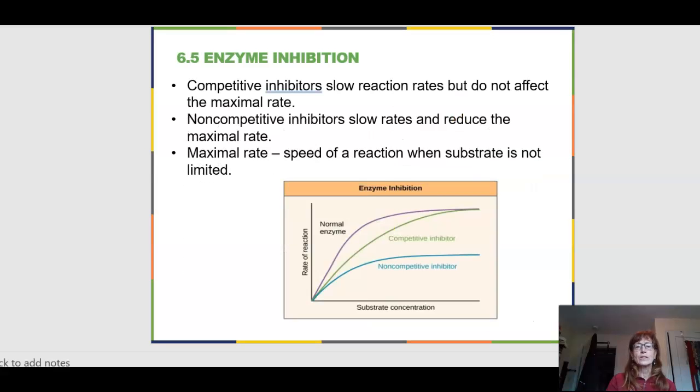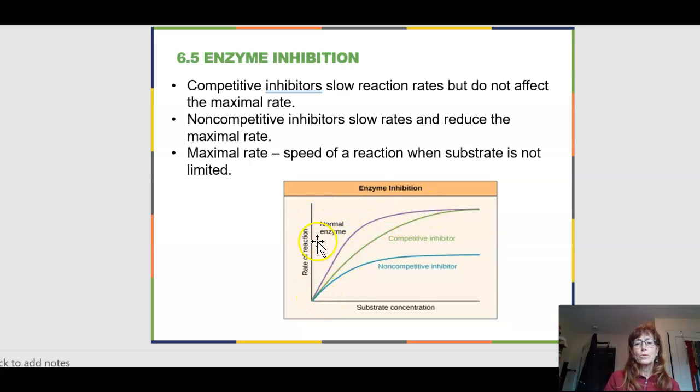So this isn't the best picture. I'll show you some other ones in class. But what happens when you have an inhibitor, something that's going to go into the enzyme, either in its active site or its non-active site, and cause something to slow down or affect that enzyme's ability to do its job, what you see is this. On a graph, this would be the normal enzyme here in purple.